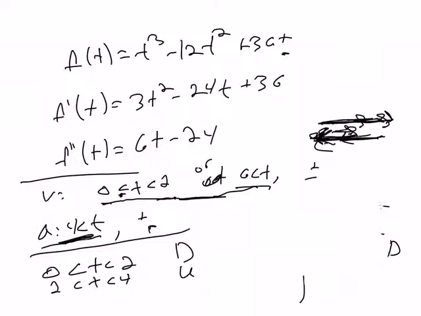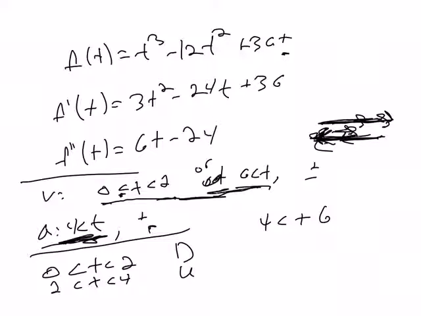Right, finally, now if you're between 4 and 6, then your velocity is negative, but now suddenly your acceleration is positive, so you're again slowing down.